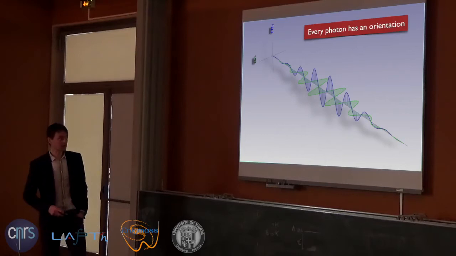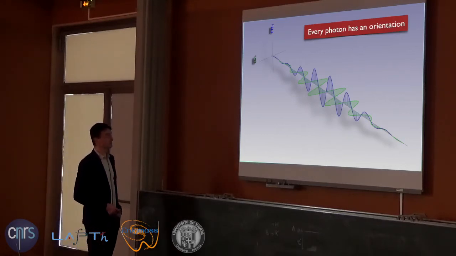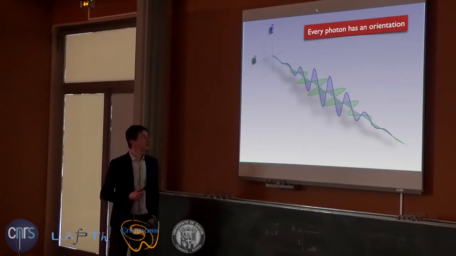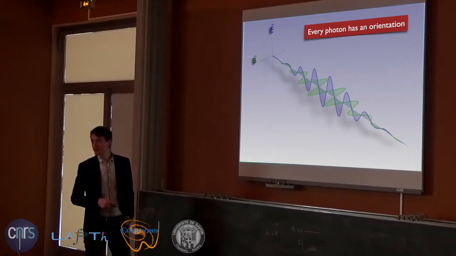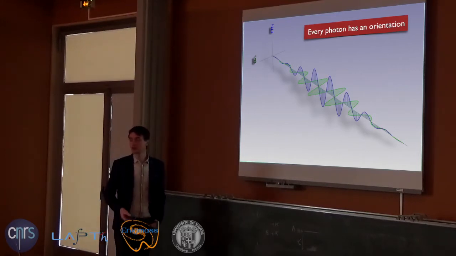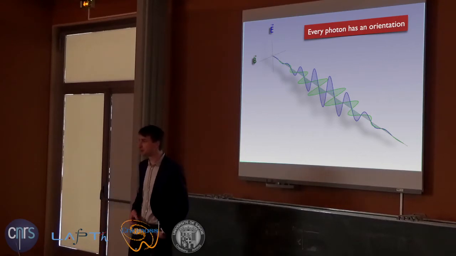So first the teaser about the polarization that I'll be talking about later before I remind you of the CMB. The fact that every photon has an orientation. So an individual photon already has an orientation. It has a direction of the electric field and it has a direction of the magnetic field. So for a single photon there is always an orientation and it makes no sense to speak of polarization.